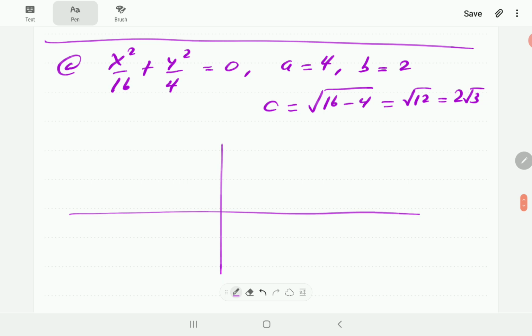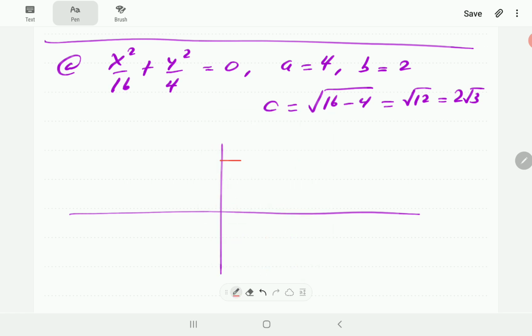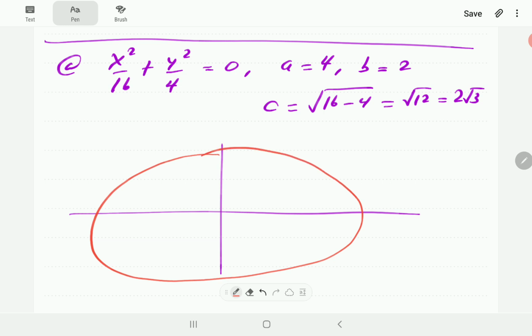Okay, so our ellipse is going to be oriented a bit like this. The center is at the origin. The foci will be at distances 2 root 3 from the origin, so one focus here and the other focus there.